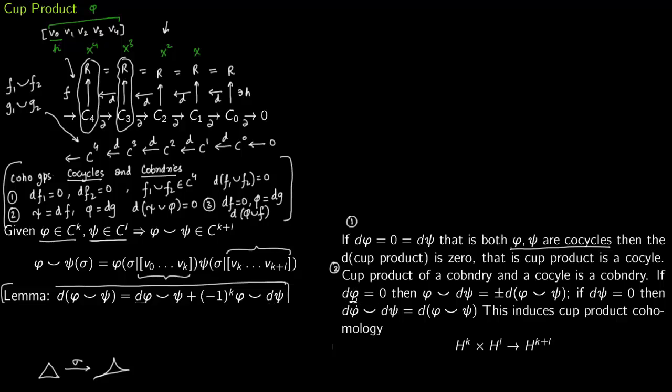So if this is 0, then you take the cup product, d of this cup product, this term will become 0, and what is left is this term. So you have phi cup d of psi, and then this minus 1 you take on this side, you get plus minus d of this. So the cup product is a co-boundary. It is a co-boundary because you have a d here.